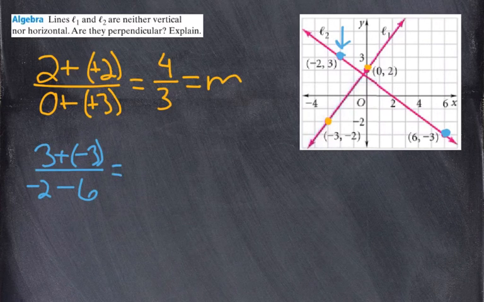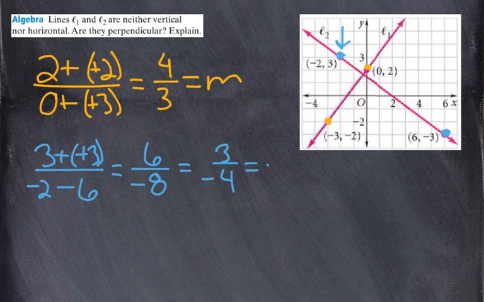So here we have 3 plus 3 is 6, over negative 2 minus 6 is negative 8. And if you can reduce, always reduce. So you can divide both of these by 2, and that leaves you with 3 over negative 4, and that's the slope of L2.